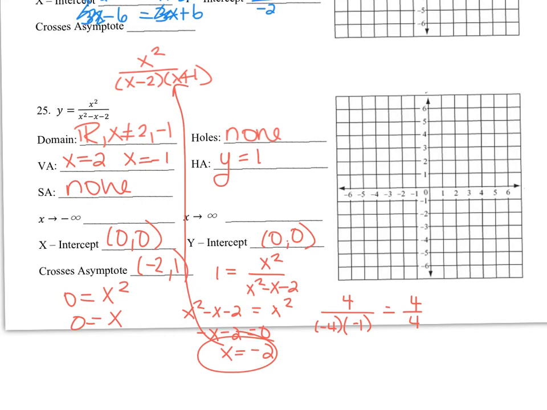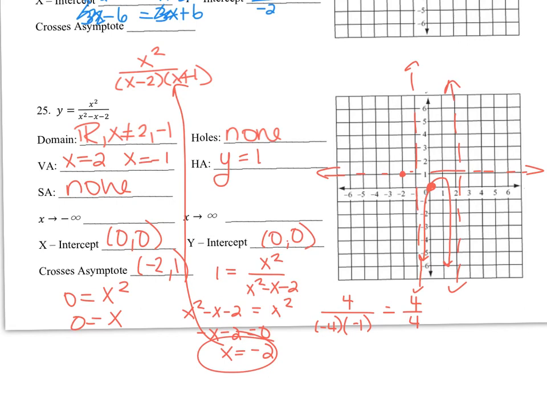So if I graph my horizontal asymptote at 1, and my vertical asymptotes at 2 and at negative 1, and then my x and y intercept, I know it's going to go down like this, and I know it's crossing at negative 2, 1.